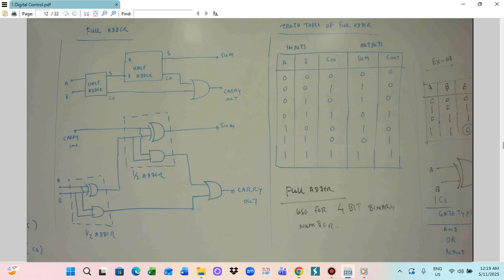Carry in, so this is called a half adder. This one is a combination. We connect to this carry out. So this is all carry out. This is one half adder and another half adder circuit. So this is a half adder.